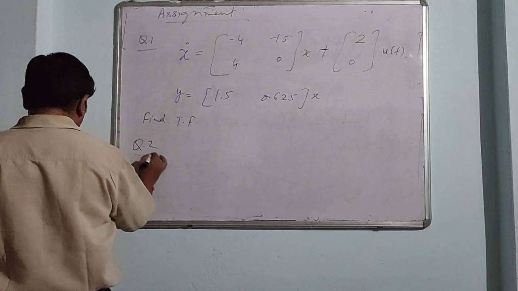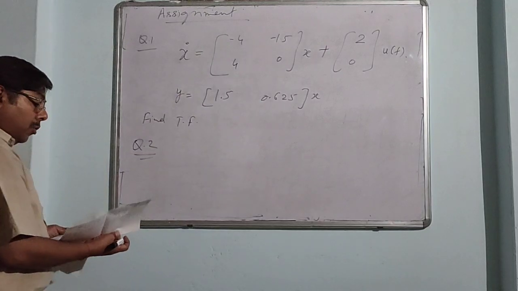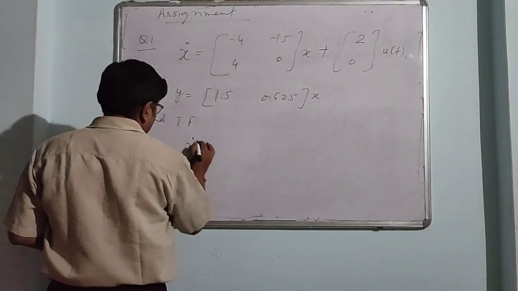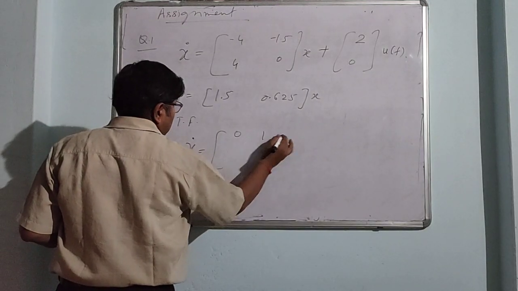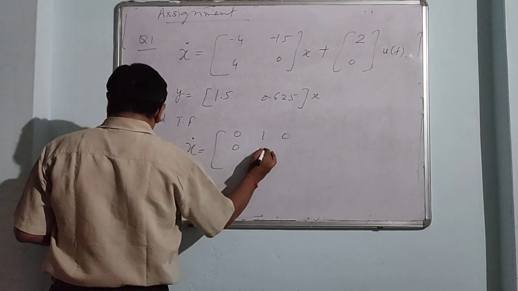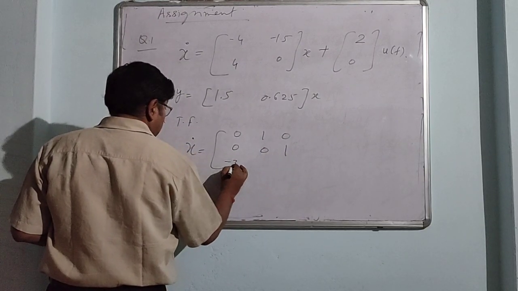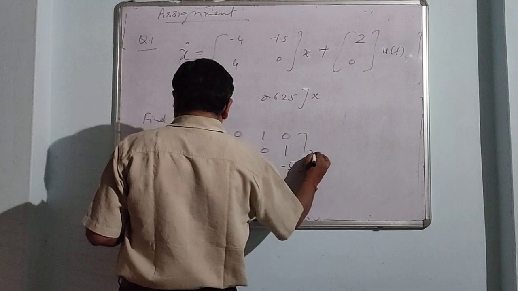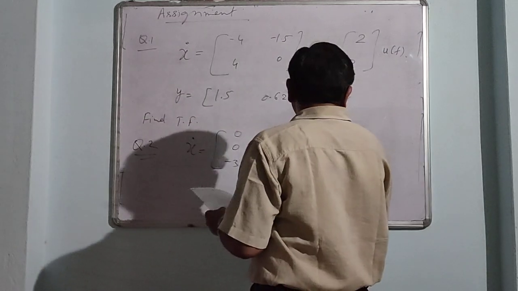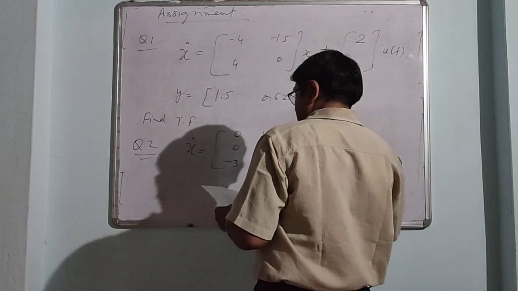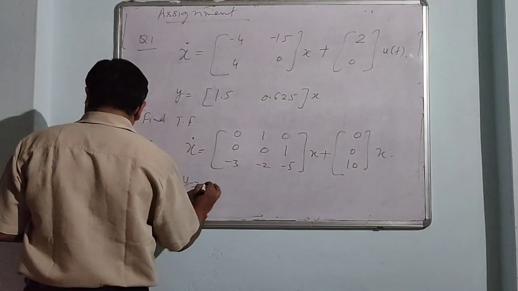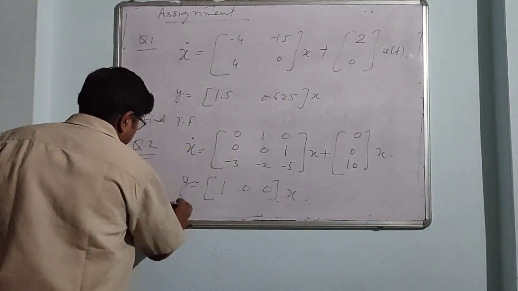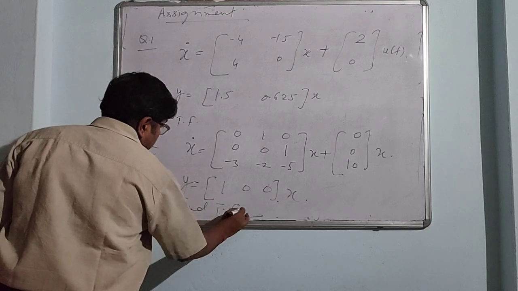Question number 2. Then note another problem. X dot equals 0 1 0, 0 0 1, minus 3, minus 2, minus 5, x plus 0 0 10 u, and y is given as 1 0 0 x. Find the transfer function.